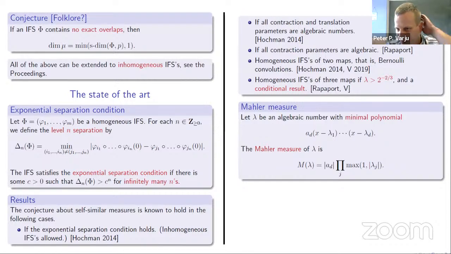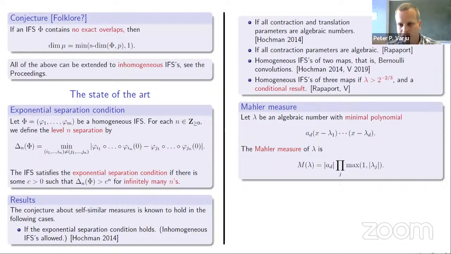Okay, so if you have never seen this before, then basically what I wanted to say is that if you just take a rational number, then the Mahler measure will be the maximum of the numerator and the denominator. And the reason why this quantity is relevant to this problem is because this is a quantity that appears in Diophantine approximation.